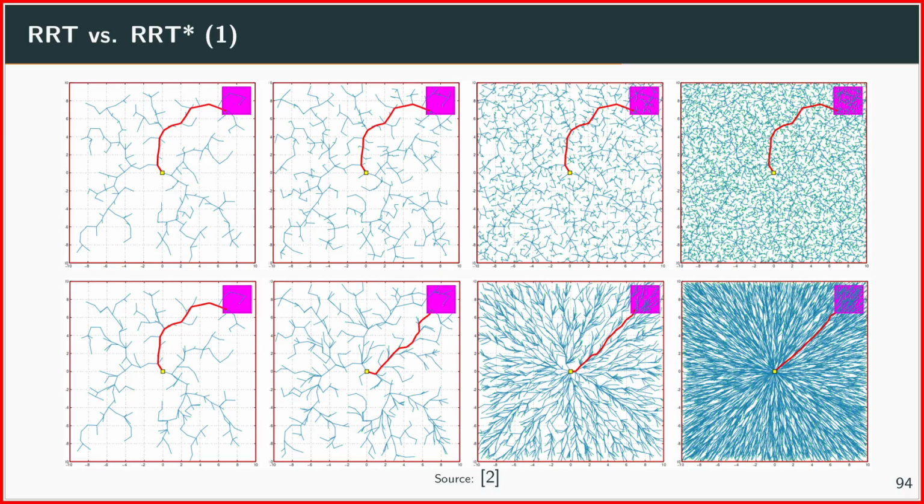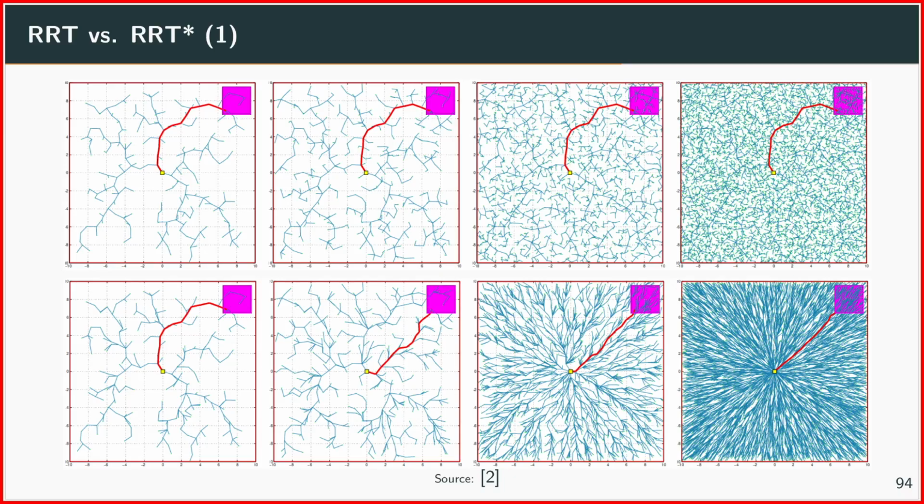But yeah, a very simple algorithm would be just that you rerun it and you check if the cost is smaller. And I don't know if you can actually prove that you will reach the optimal solution. But at some point, you will have a sample which is exactly here in the middle, and then you will connect it here, and you will have another sample here, and you will connect it.